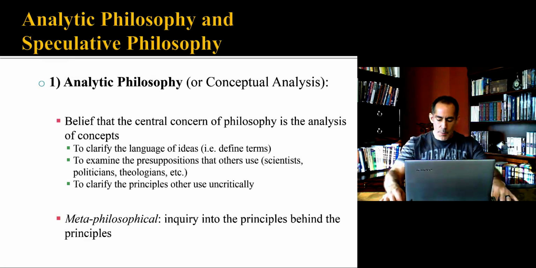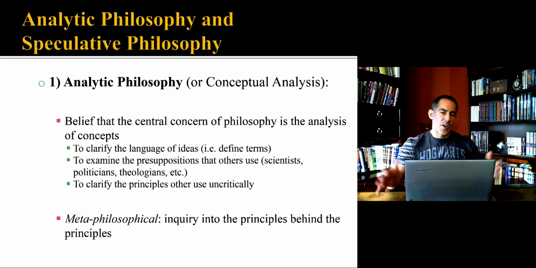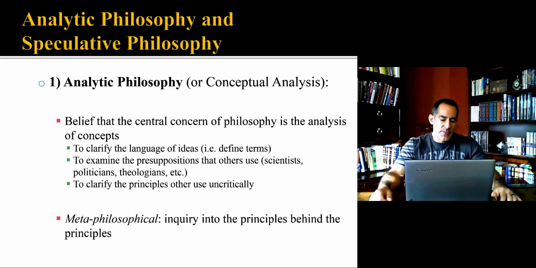An analytic approach to philosophy, you might call it, the process of conceptual analysis. The analytic philosopher might think that the central concern of philosophy is in clarification of terms, clarity in meaning, for instance. We want to clarify ideas in language.